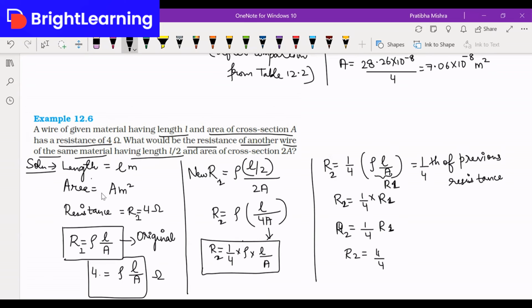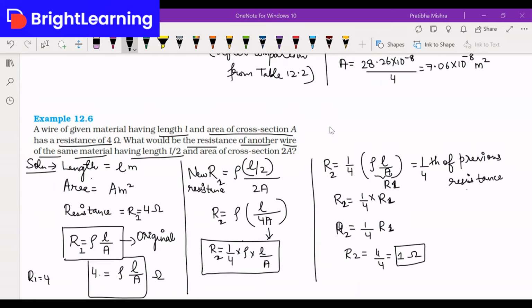R1 was 4 here. I just changed that by mistake. The new resistance is R2. That's the only difference. Apart from that, everything else is correct. So it will be 1. What's the new resistance? It's 1.